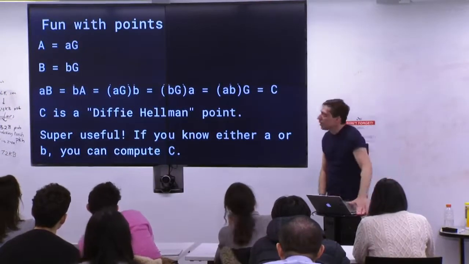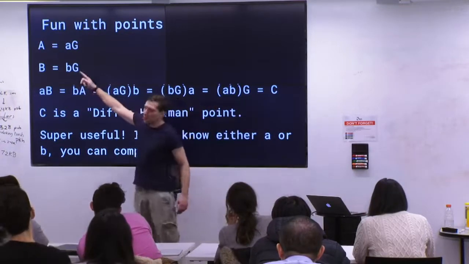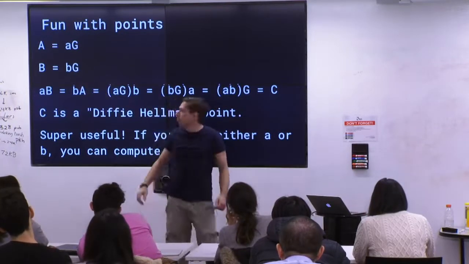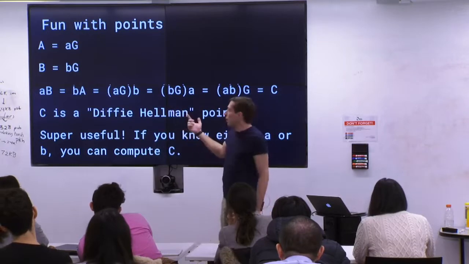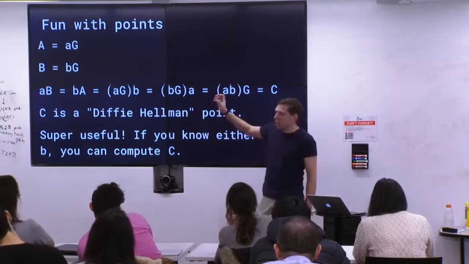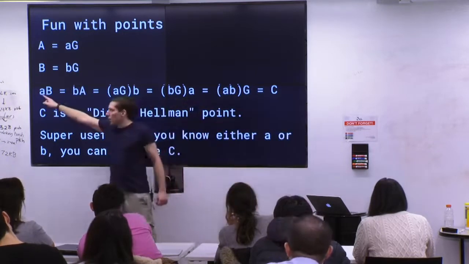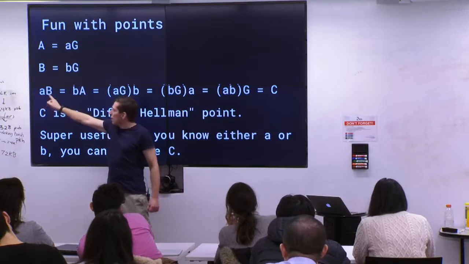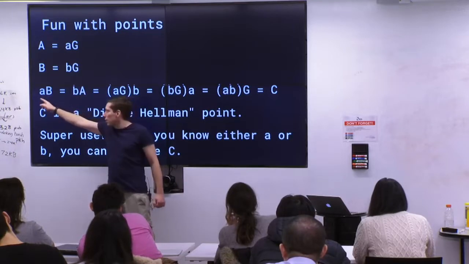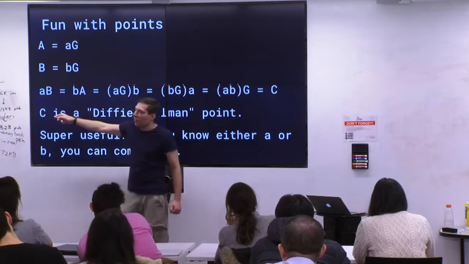Fun with points. Okay, so I'm not using an asterisk, I'm just writing B times G. So let's say Alice has a public key A, Bob has a public key B, which is little a times G or little b times G. Well, this is weird. Little a times big B, Alice's private key multiplied by Bob's public key, you can do that, right?